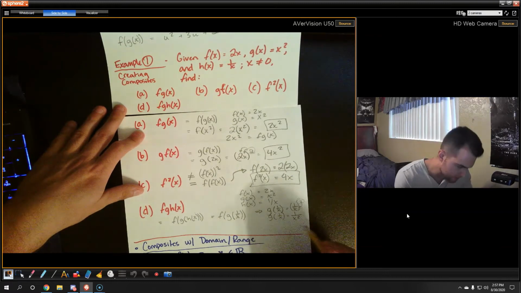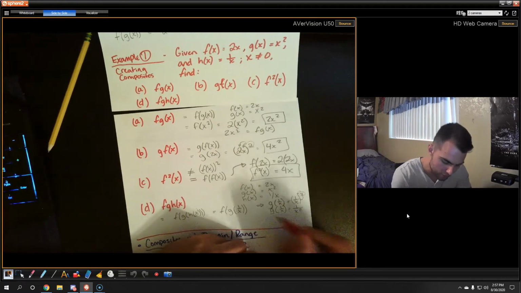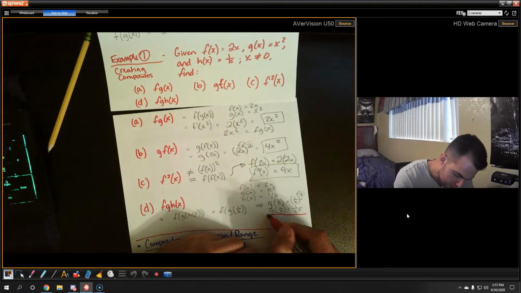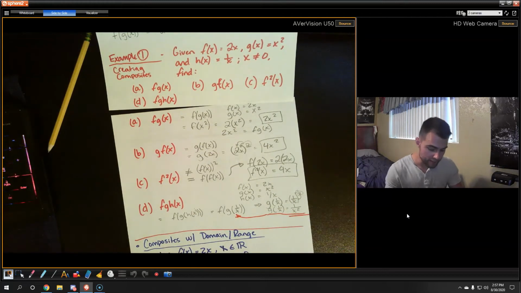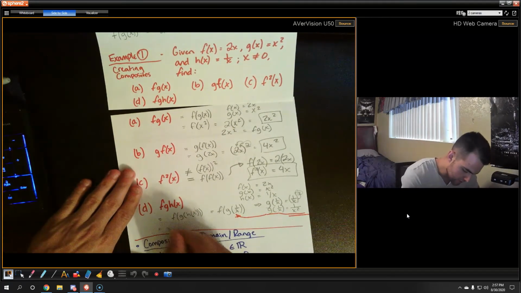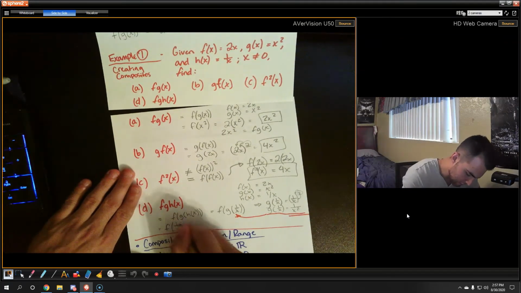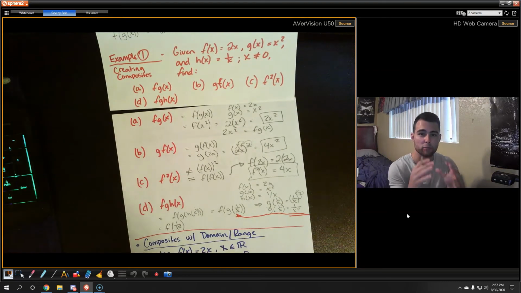This guy right here is exactly what I want to plug in for this guy right here. Okay? That g of 1 over x equals 1 over x squared. So now what I do is I do f of 1 over x squared. So you can see how I'm kind of taking these guys and I'm transforming them, right? I'm taking what they are, plugging it in, and just kind of working my way out.